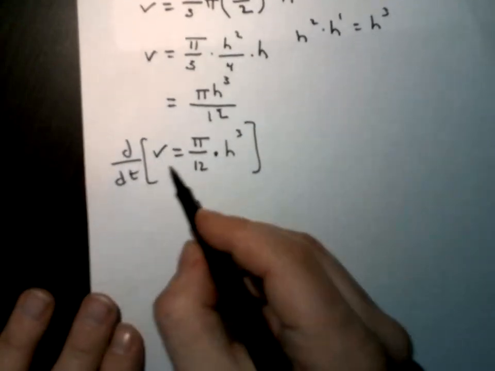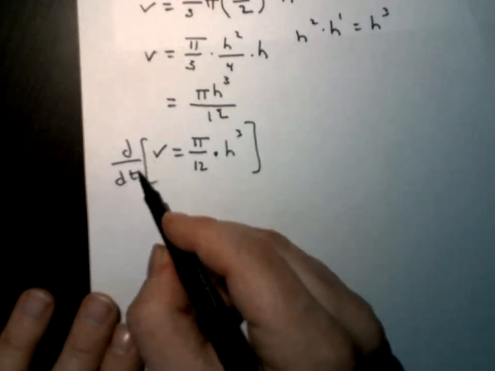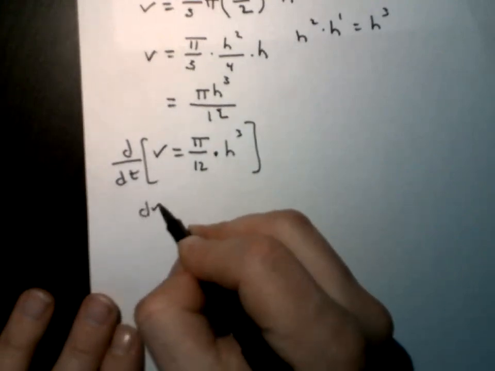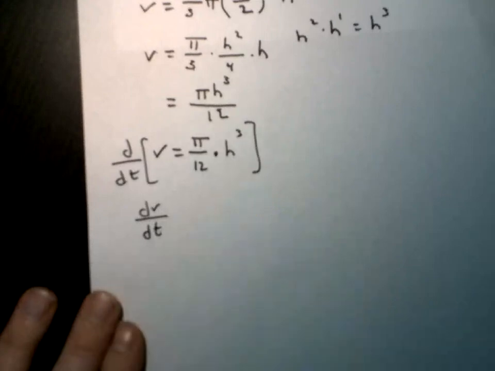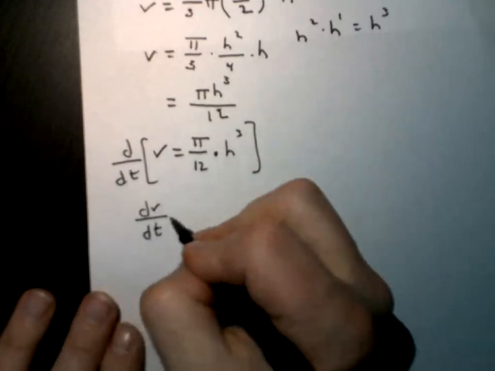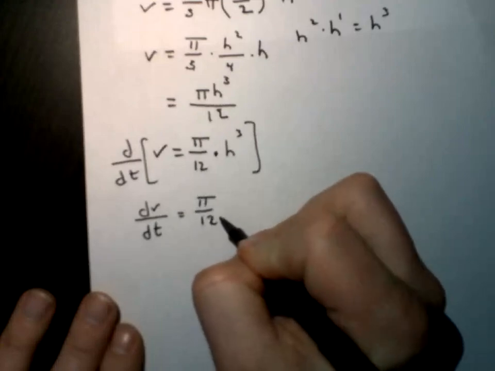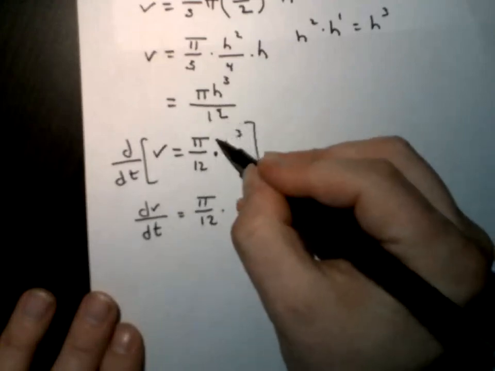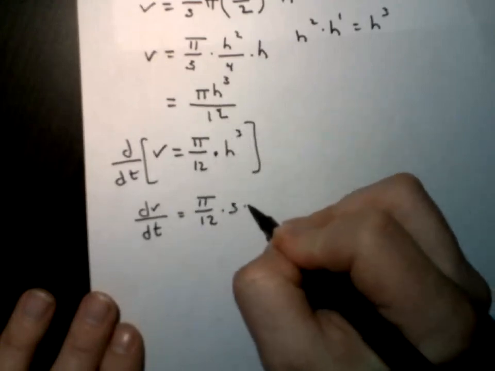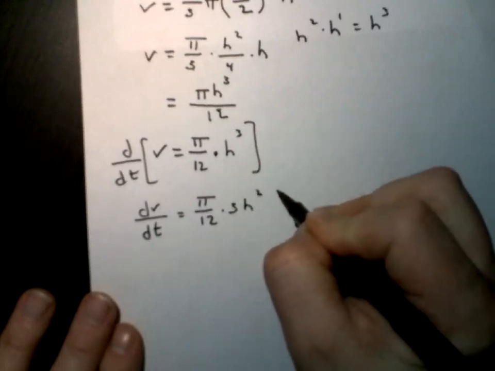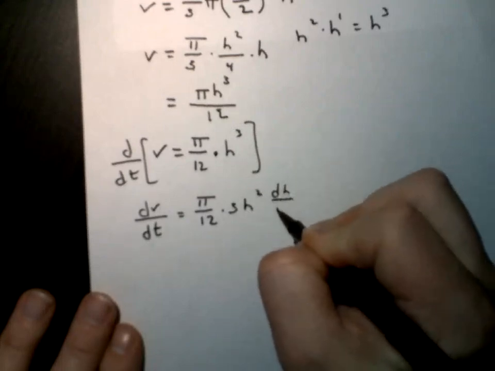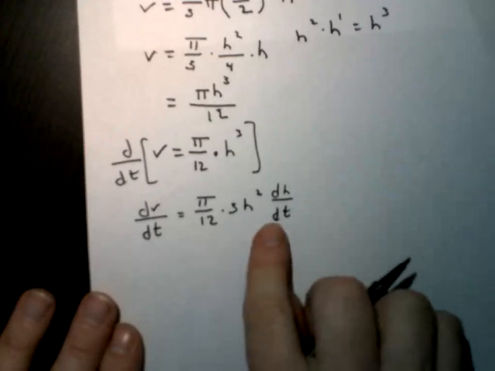So here we go. Take the derivative with respect to t, both sides. So what is this going to be? Well, that's just going to move over to be dV over dt equals, this is a constant. This stays where it is, times the 3 comes down, times h squared, what? dh dt, right? You're in form of h.